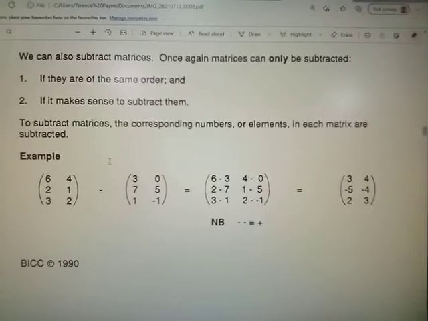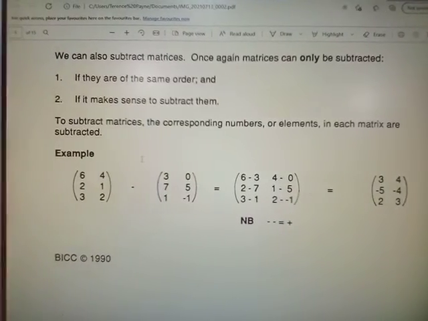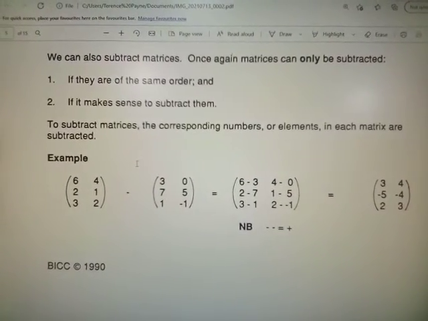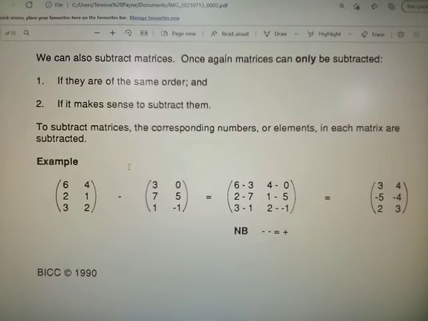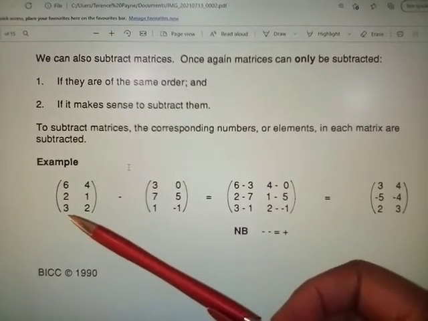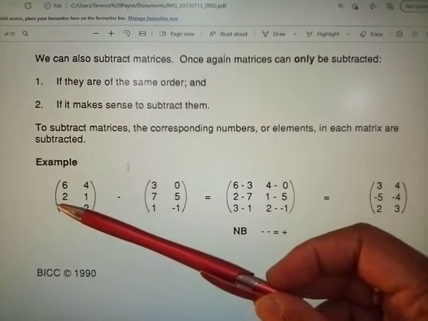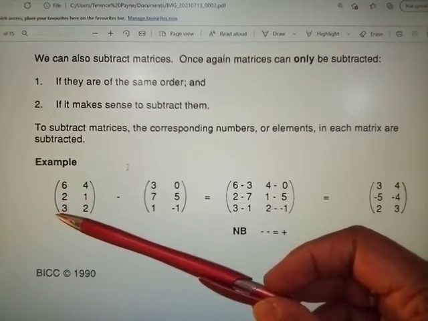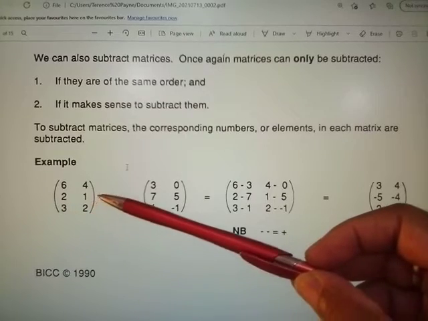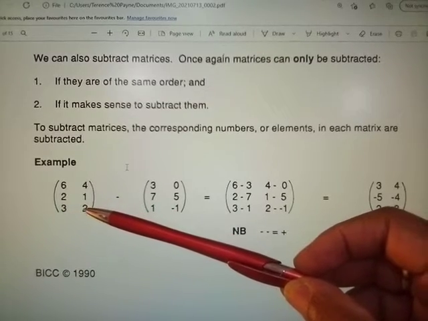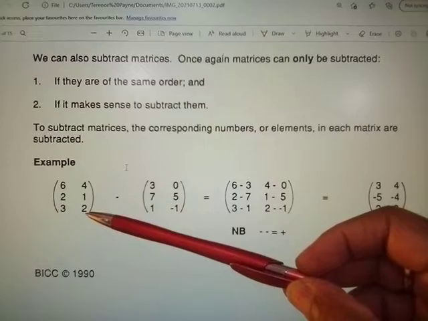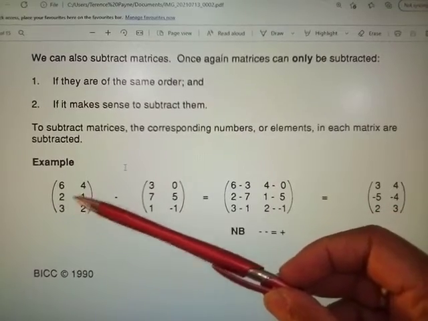And here we have our example. It's a 3 by 2. Okay.